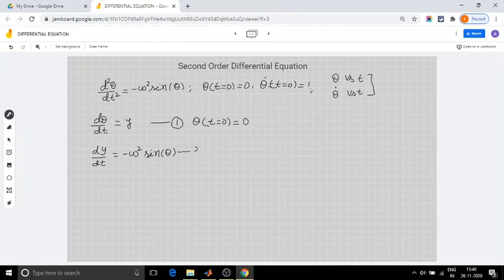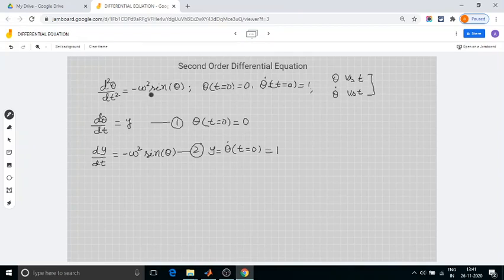Say this is your second equation, and in order to solve it, dy by dt is equal to minus omega square sine of theta, which is a first order differential equation. What we want is the value of y at t equal to 0, and y is basically d theta by dt, meaning y is theta dot. So this we already know, the value of theta dot at t equal to 0 is given, this is equal to 1.